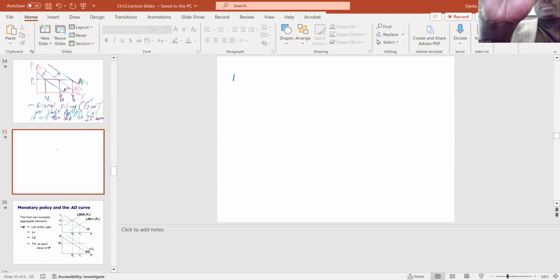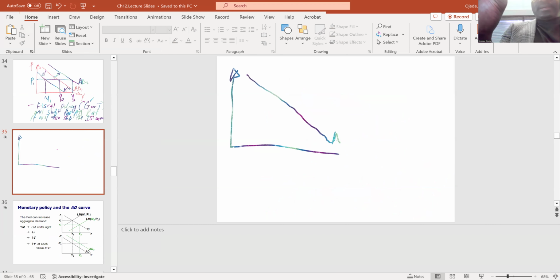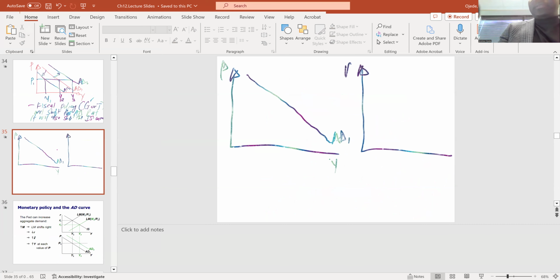So you put your AD curve here, AD1, which plots price and output, and then you can draw your IS curve, which plots interest rate versus income. The IS curve slopes downward. You can call this IS1.